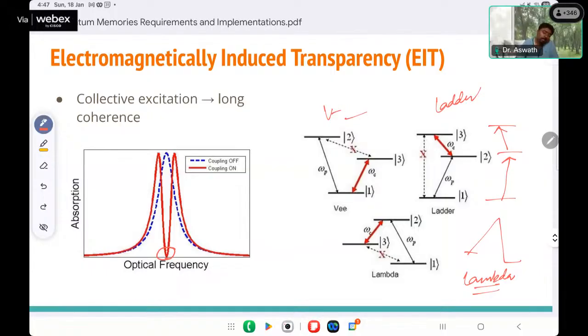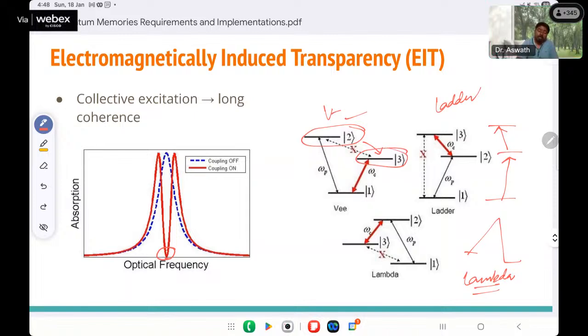And the electrons are there in level 2. What they may do is decay to level 1 or level 3. I can stop them from decaying to level 1, so I can trap them in level 3. So it's called trapping.